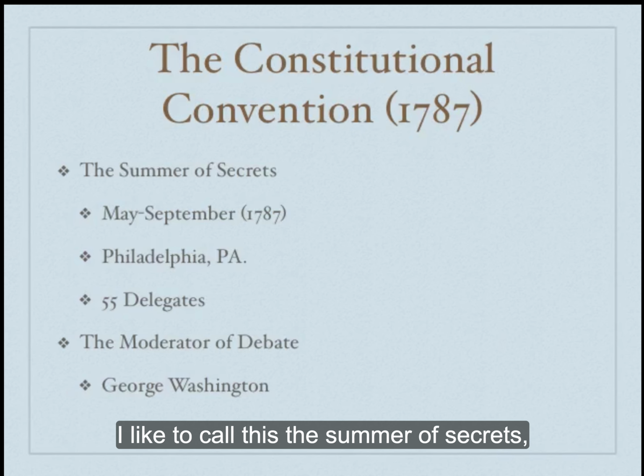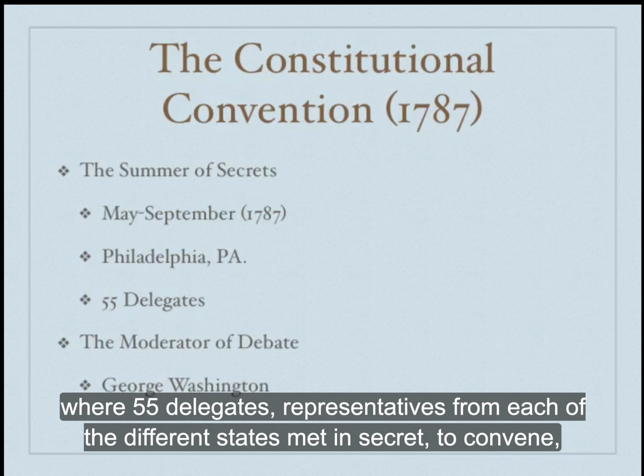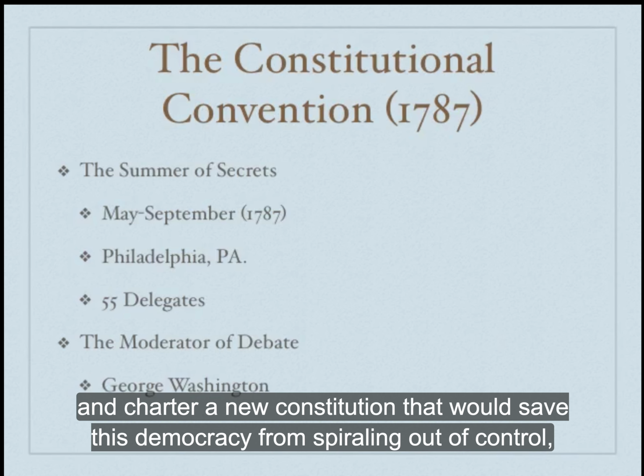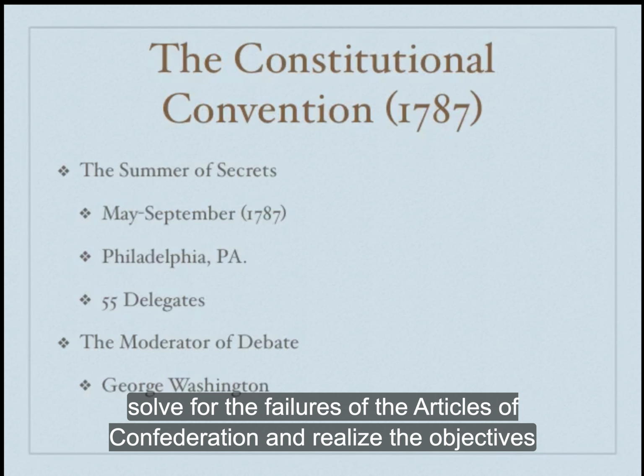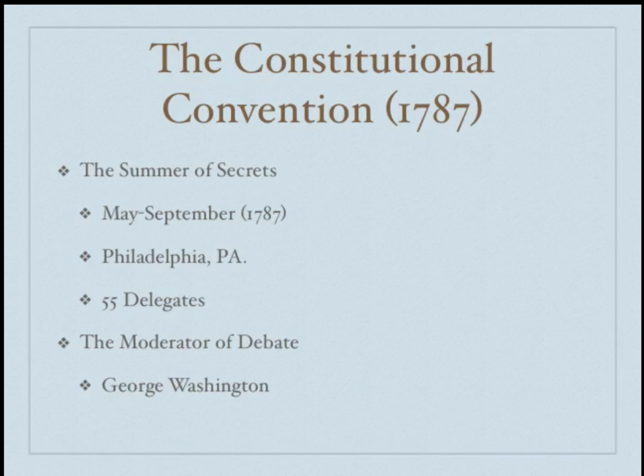I like to call this the Summer of Secrets because it's during these months, during the summer of 1787, in Philadelphia, Pennsylvania, that 55 delegates, representatives from each of the different states, met in secret to convene and charter a new constitution that would save this democracy from spiraling out of control, solve for the failures of the Articles of Confederation, and realize the objectives and address the concerns of republicanism and an indirect system of government.